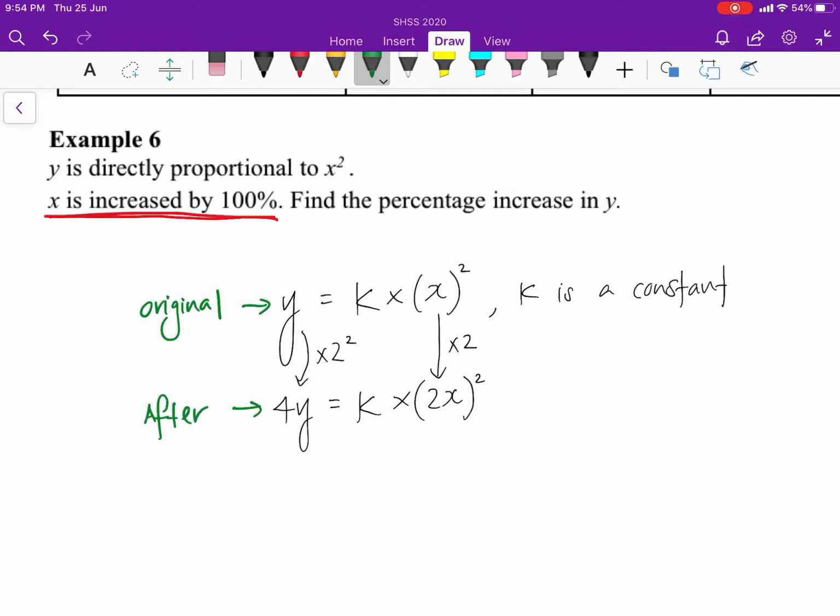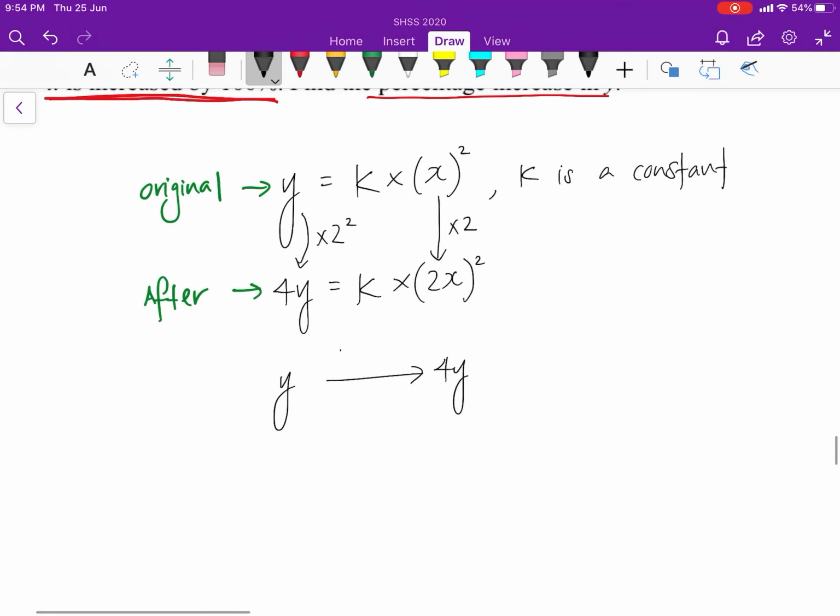They want you to find the percentage increase in y. How do I find the percentage increase in y? From y becomes 4y. From 1y to become 4y, from 100% now becomes 400%.